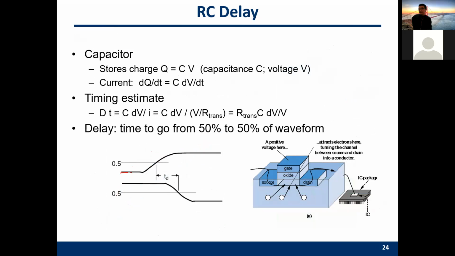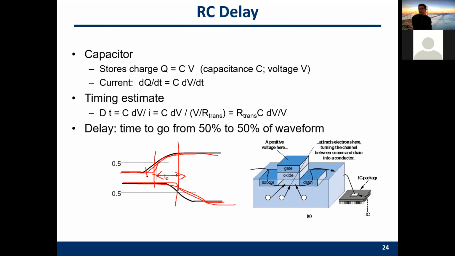So when the input signal is something like this, the output signal may look like this. When you change the input signal, you cannot get the output signal immediately changing for you. It may have some delay. So this is the delay.